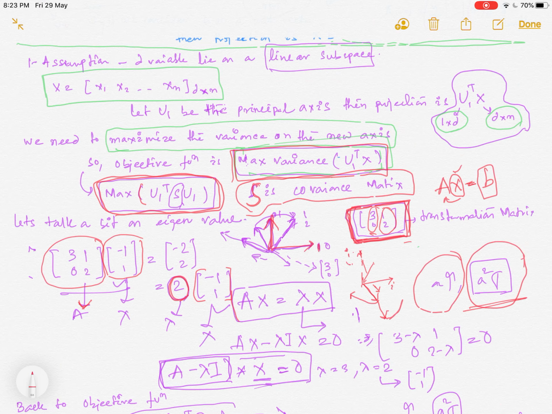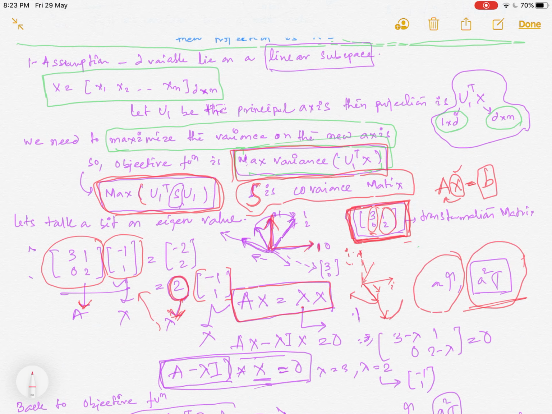So in general the formula for eigenvector is Ax = lambda x. Lambda is the eigenvalue. For each eigenvalue we will have an eigenvector. Here it is 2. For eigenvalue 2 we will have the vector (-1, 1).